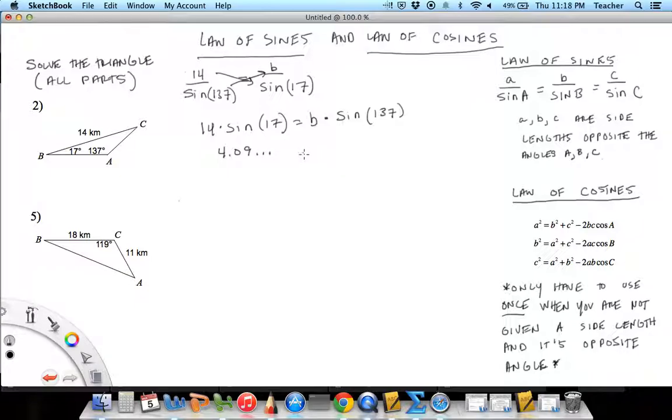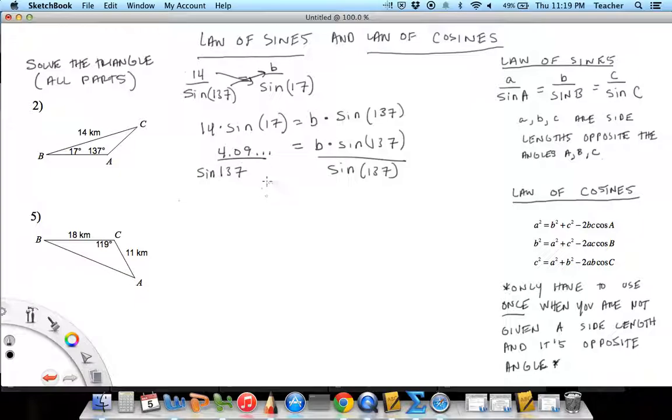So 4.09 equals B times sine 137. To solve for B, we divide by sine 137. We keep that number inside, divide by sine 137, and you should get a decimal of 6.0001779631.